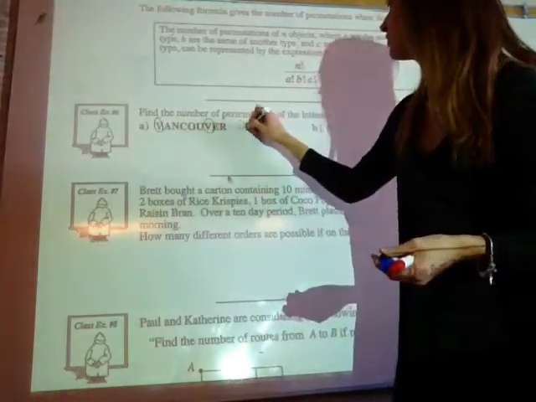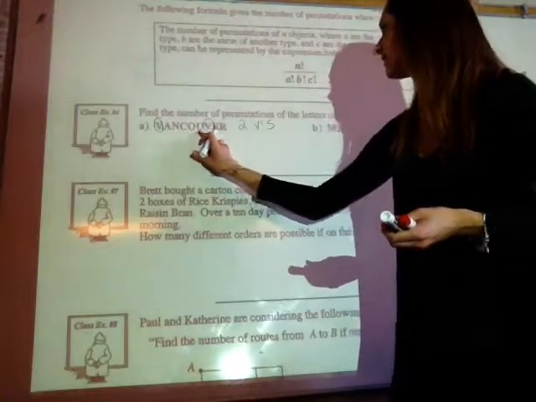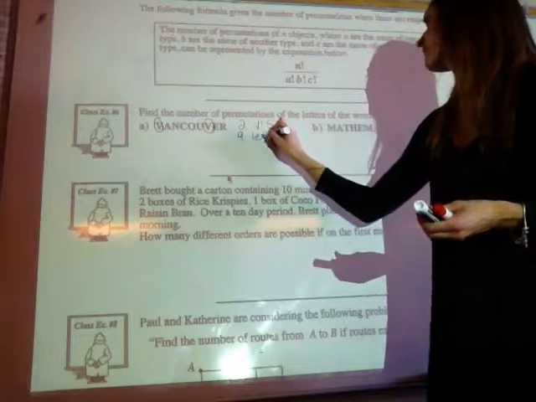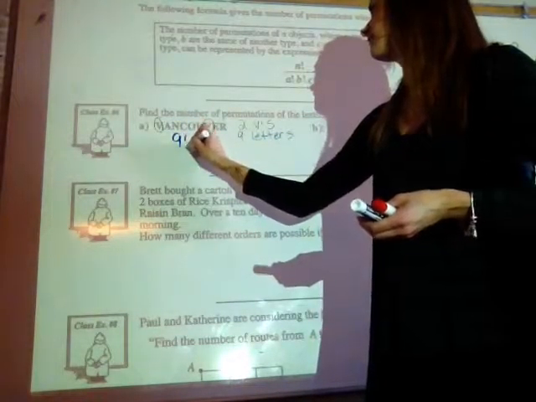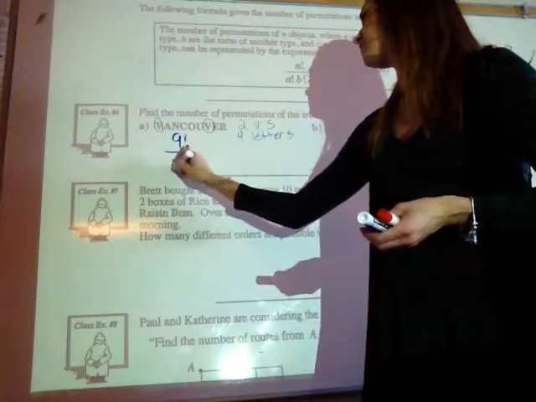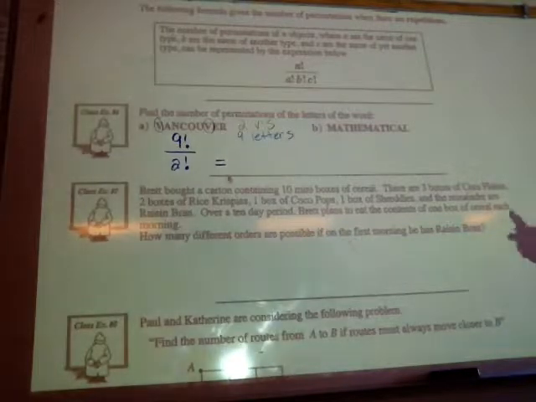We have 2 V's, and the total letters possible is 9. So we would go 9 factorial divided by 2 factorial to figure out how many different arrangements we could have. 9 factorial divided by 2 factorial gives you 181,440.